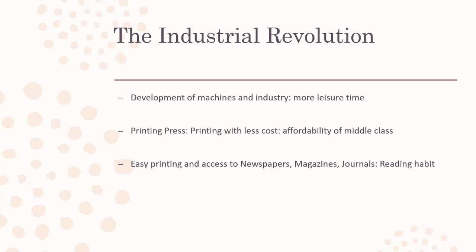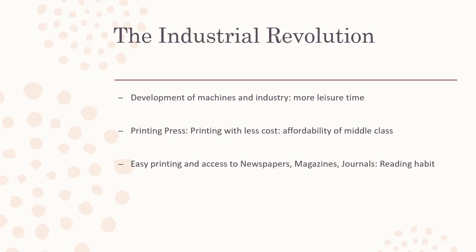So when the middle class could afford these things, they bought and read them, and gradually the demand for magazines, newspapers and novels increased, and with increased demand, production also increased. Because of the printing press, newspapers, magazines and journals were easy to print, and because of the low cost, everyone had access to them.